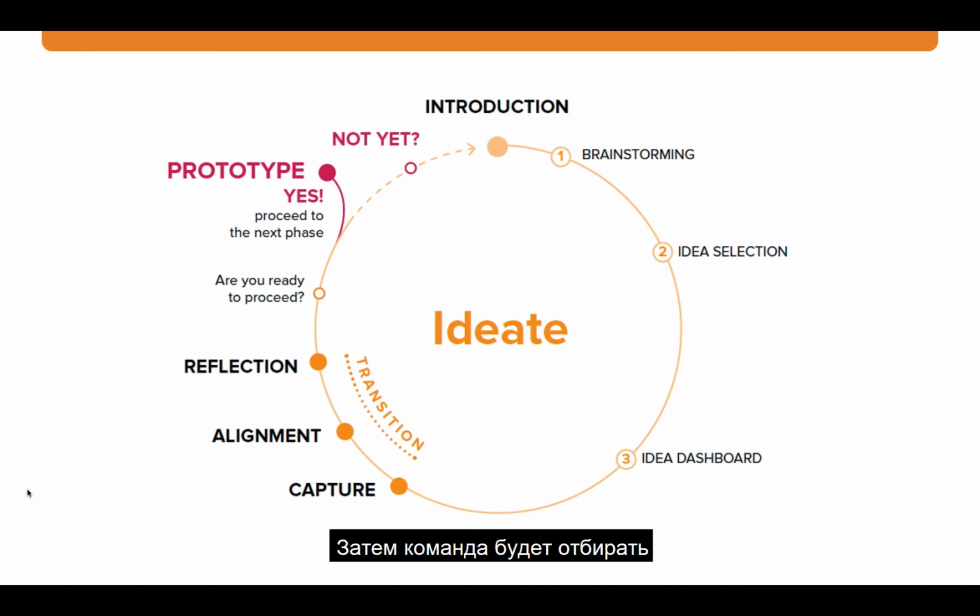From there, the team will use criteria to select the most promising ideas. And at the end of this phase, all team members should be clear on one idea that you are interested in prototyping. And you are going to capture that idea through the idea dashboard.